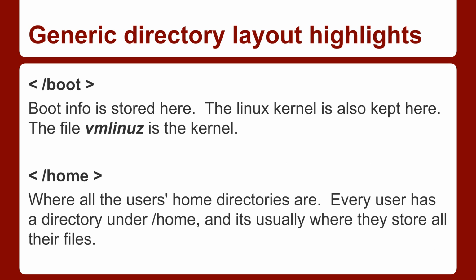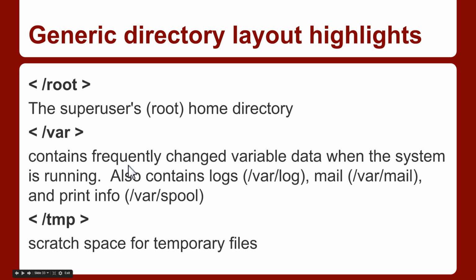/boot contains the boot info. The Linux kernel is kept here, and that is usually going to be the vmlinuz file. That is typically the kernel. /home is where all the users' home directories typically are, and with the main exception of root, every user has a directory under /home, and that is where all their files are stored by default. /root is the superuser or EUID 0's home directory.